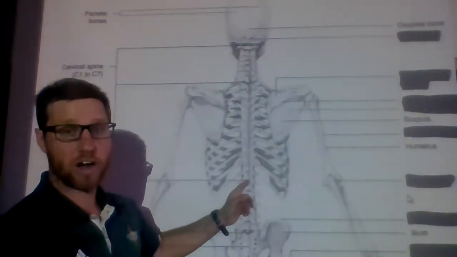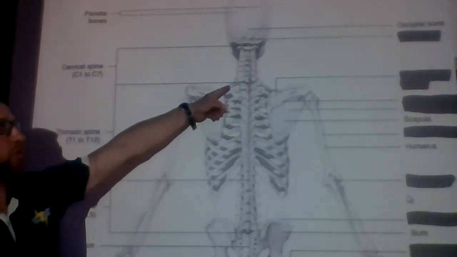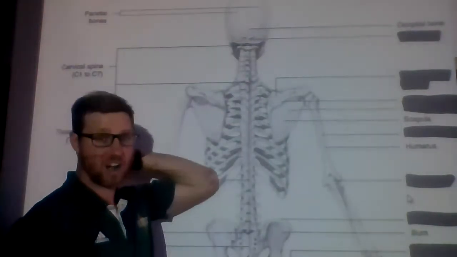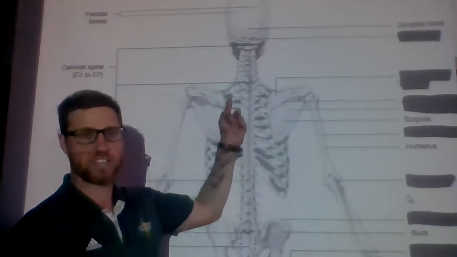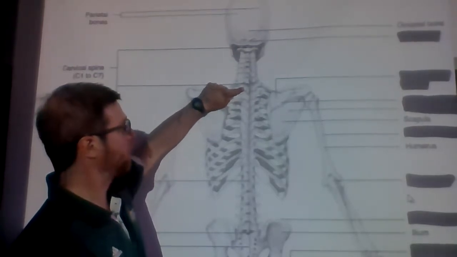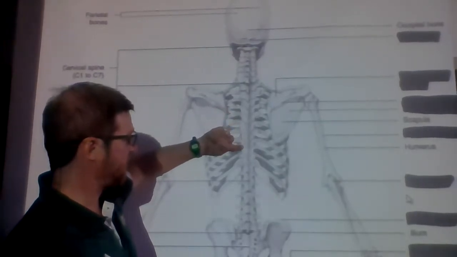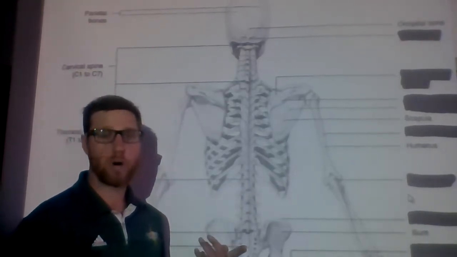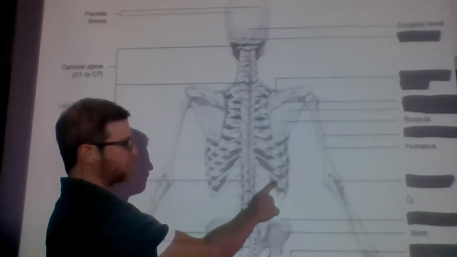Then you have 12 thoracic vertebrae. These are more inferior to your cervical vertebrae. This is your upper back, and we noted on the anterior side that all of your ribs articulate to thoracic vertebrae. So you have T1, T2, T3, T4, T5, T6, T7, T8, T9, T10, T11, and T12. Now, I'll pause here and look at something we talked about on the anterior side: note your floating ribs.